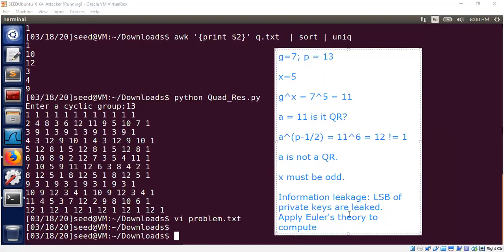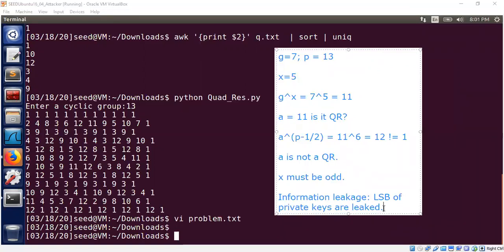Anyway, that's not necessary at this point. Apply Euler's theorem to compute A power (p minus 1) by 2. If this is 1 in mod p, we know A has to be a quadratic residue. That's basically what Euler proved. So we are using Euler's theorem to detect the least significant bit.